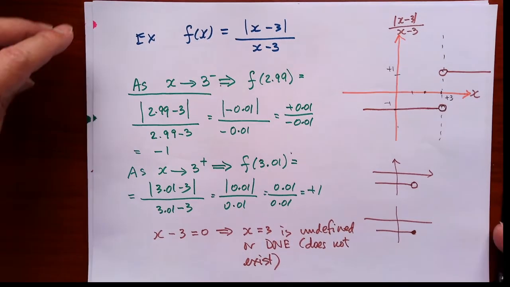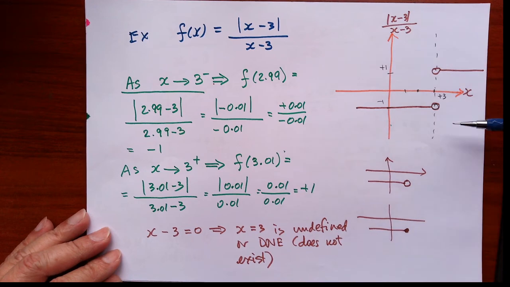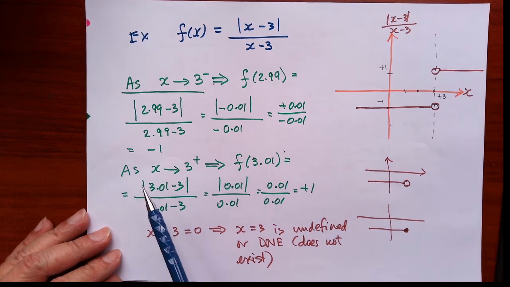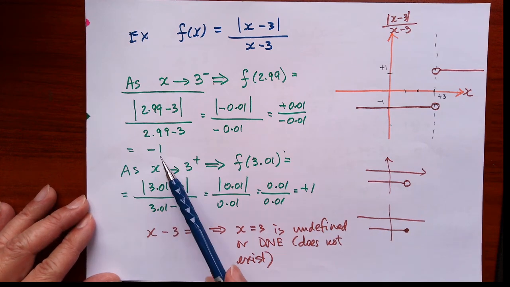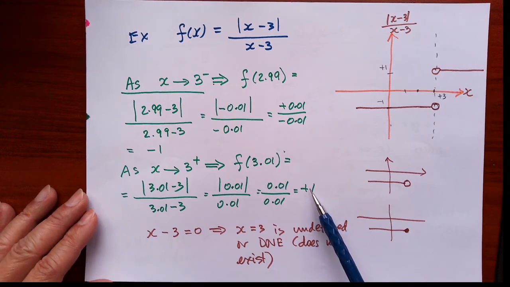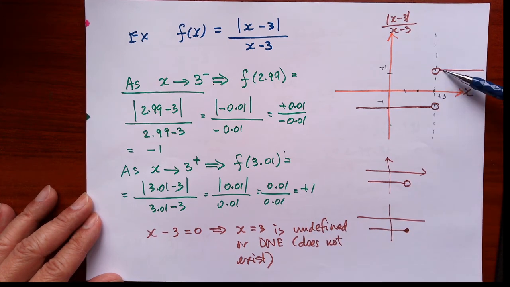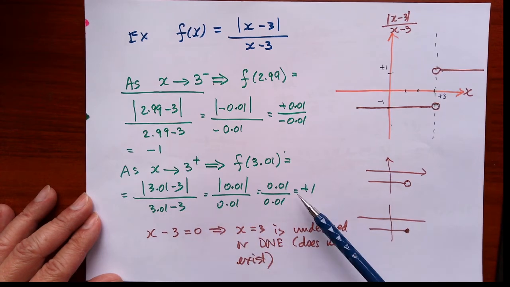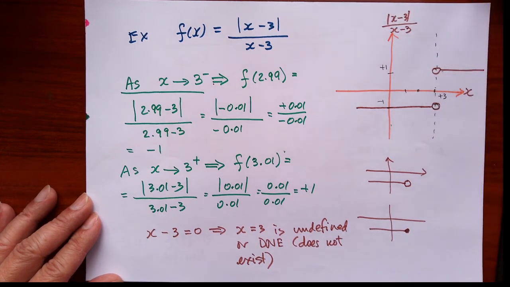This is the second equation, the modulus. From our analysis, we can see that minus 1 and plus 1 are points that we approach, but we cannot touch. So minus 1 here and plus 1 here. The reason why we cannot touch the points is because x cannot be equal to 3.